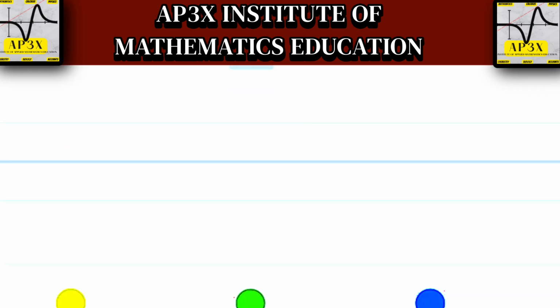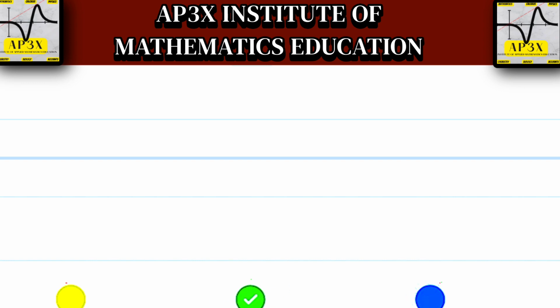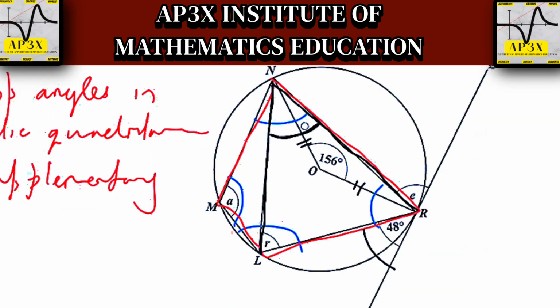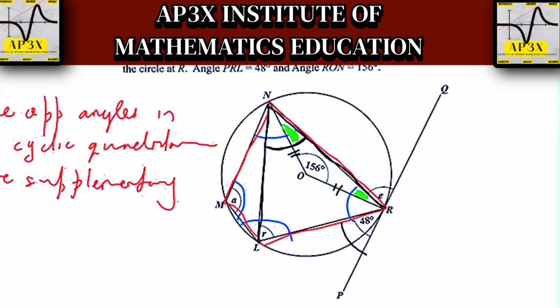So I know immediately that if I see radii, then this triangle here is going to have this angle in here equal to this angle here. Those two angles are equal, so I can easily find that one later.